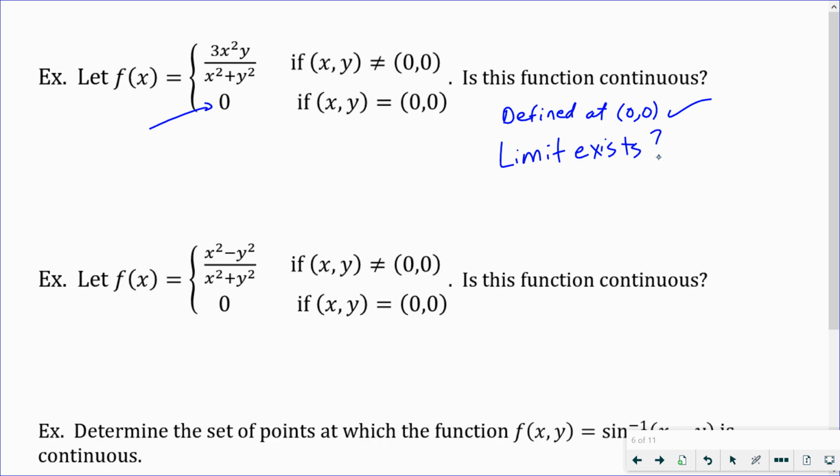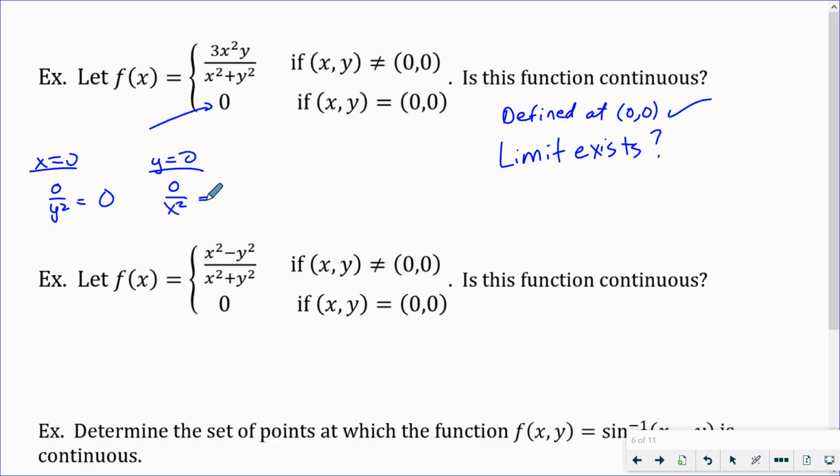All right. So let's check and see. Okay. So will you trust me that if I do all the things, my limit is equal to 0? Will you trust me? We'll try a few. All right. Thanks. Let's do x equals 0. If x equals 0, then I basically get 0 over y squared. So that's 0. If y equals 0, then I also get 0 over x squared.